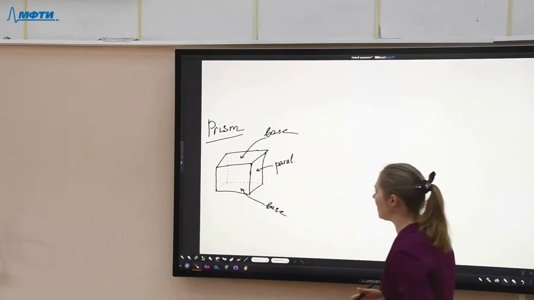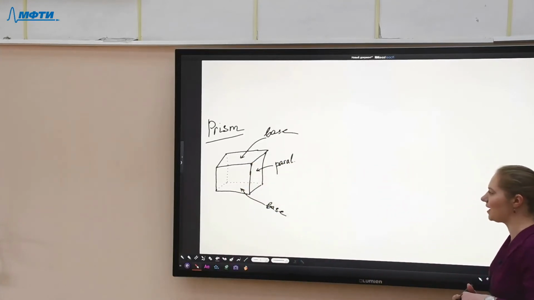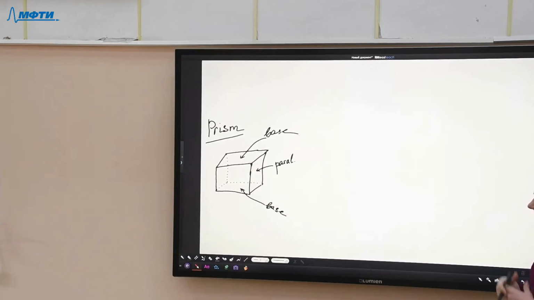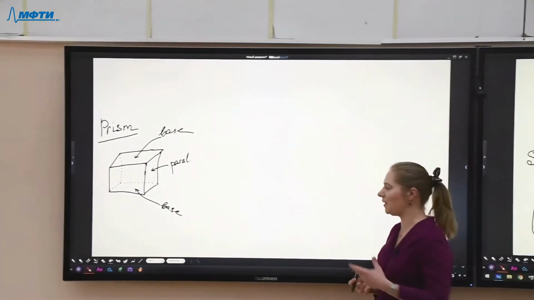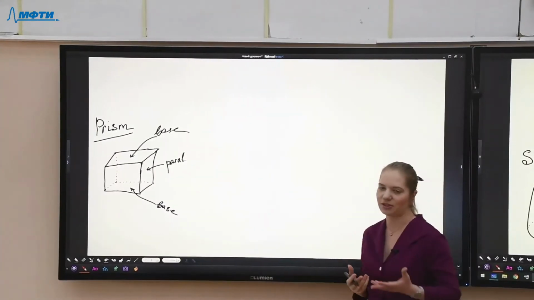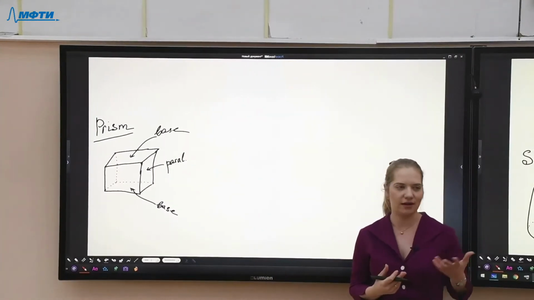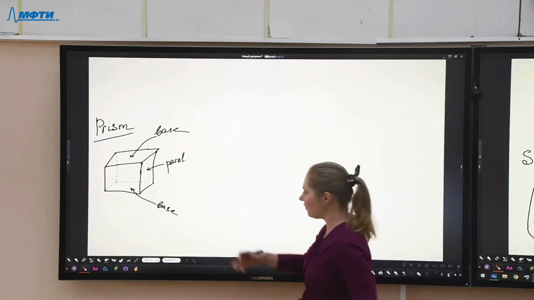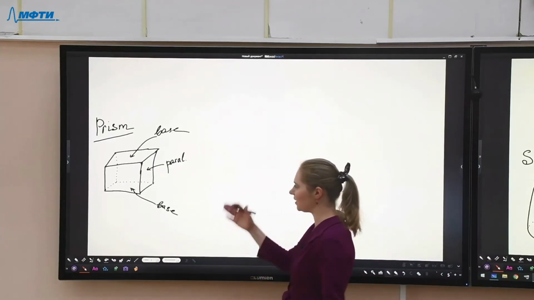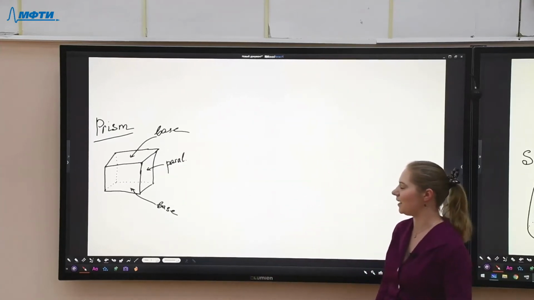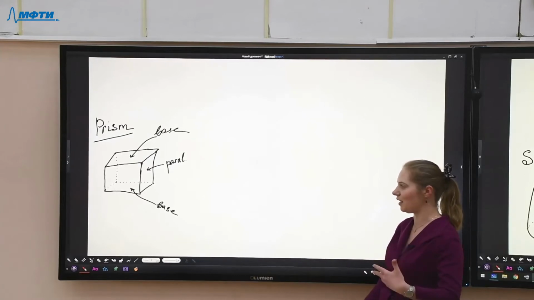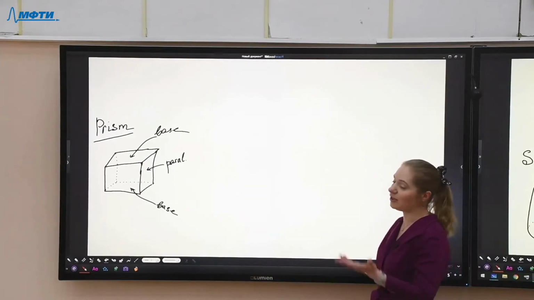And if we're talking about prisms, we can say that a base can be any polygon. It can be a square, it can be a quadrilateral, a pentagon, a triangle, doesn't matter. So in this case, we have four sides in each base, so we can say that we have a quadrilateral prism.